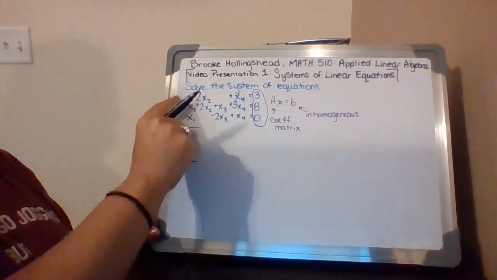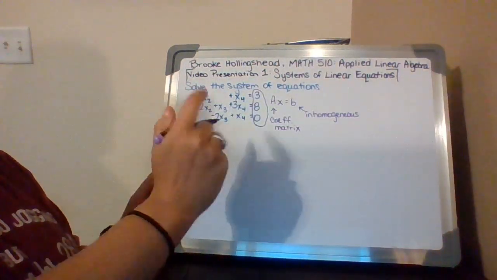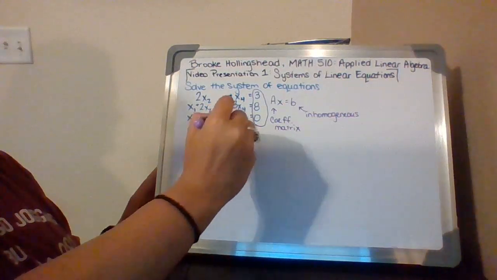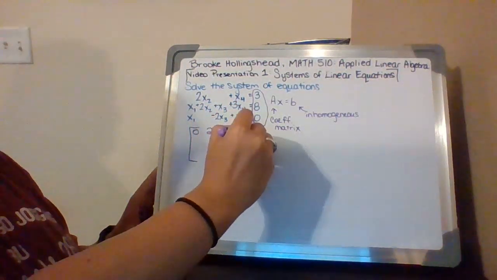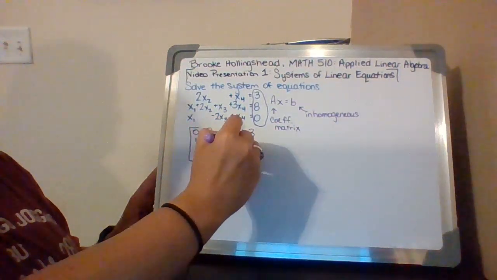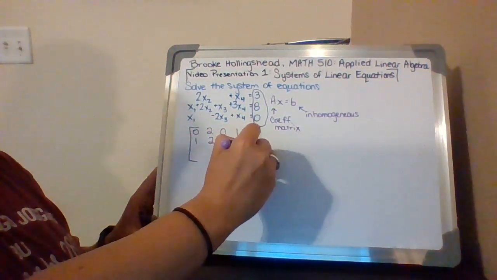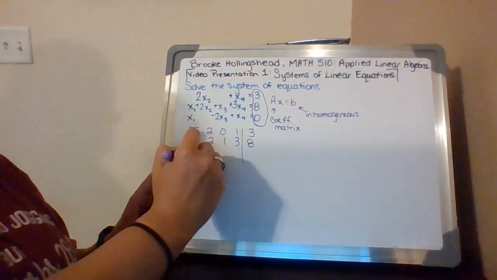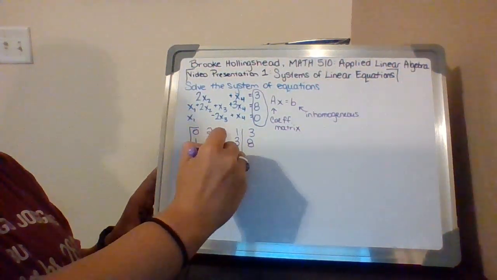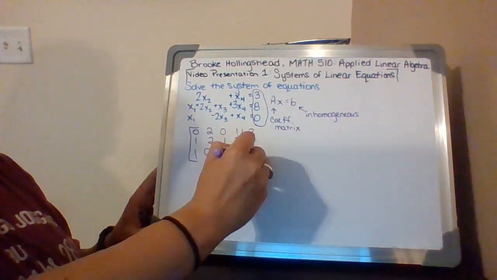So I'm going to start by putting all of my coefficients. I don't have one for x1, so I'm going to put a 0 there, 2, 0 for x3, 1, 3, 1, 2, 1. And I have my vertical line to separate out my inhomogeneous terms from my coefficients: 0, -2, 1, 0.